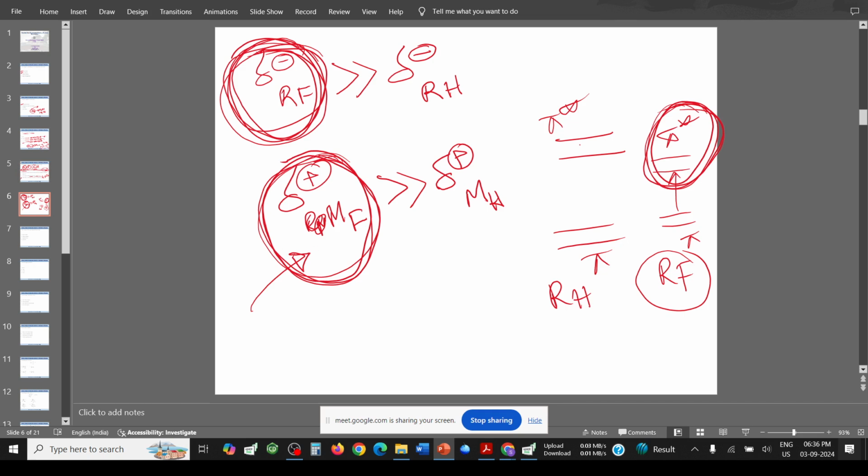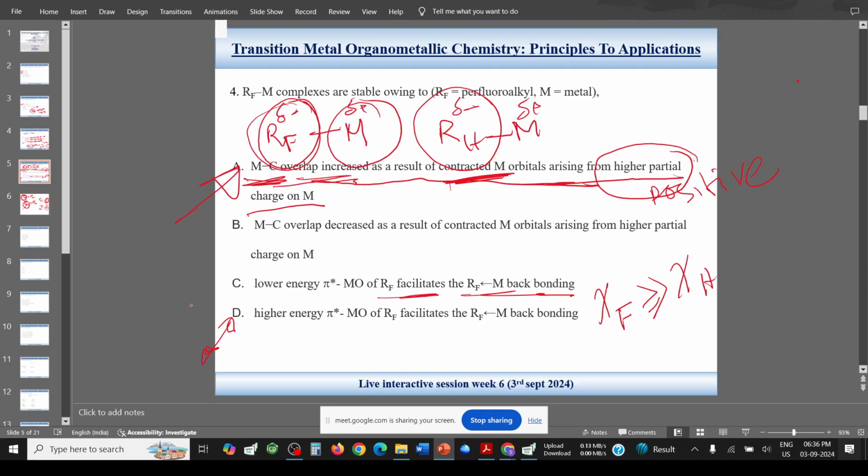So option C will be another: lower energy pi star MO of R_F facilitates the back bonding. This is a very important question to understand from this topic. Is this clear, or do you have any other doubt? Okay, sir.